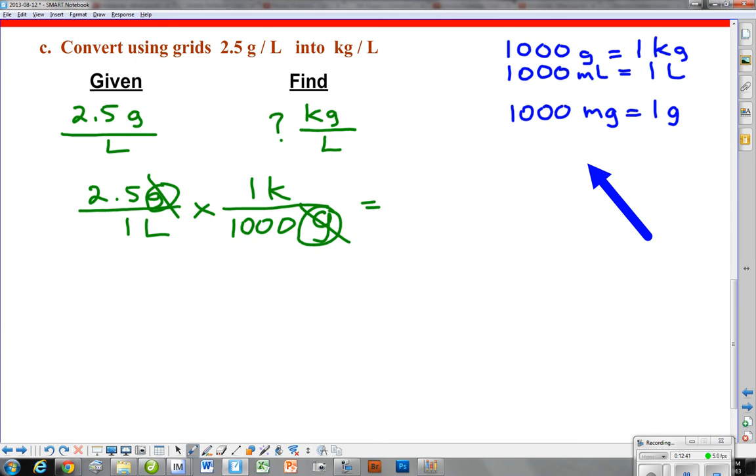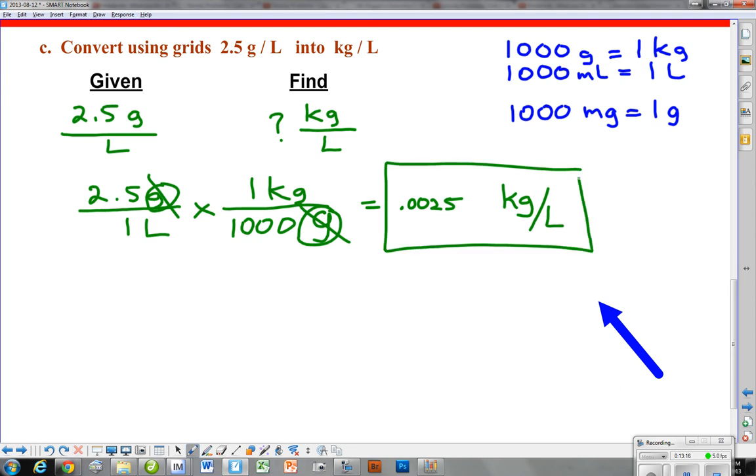So our unit of measure at the end is kilograms. That's right, left it off there. So we got kilograms, and on the bottom of the fraction, just like we were originally, we have liters. And now we can simply divide 2.5 by 1,000, and that moves the decimal 3 to the left. So that's 0.0025. And that's the answer for this one.